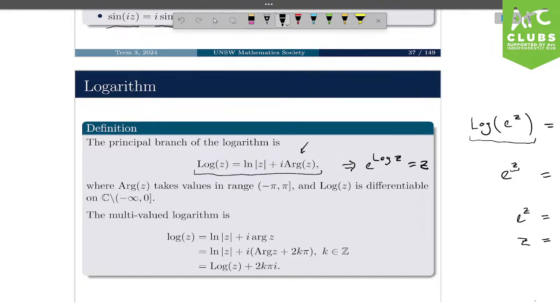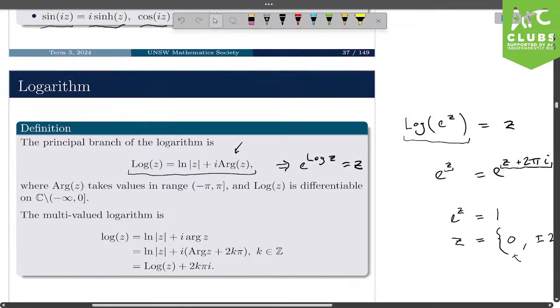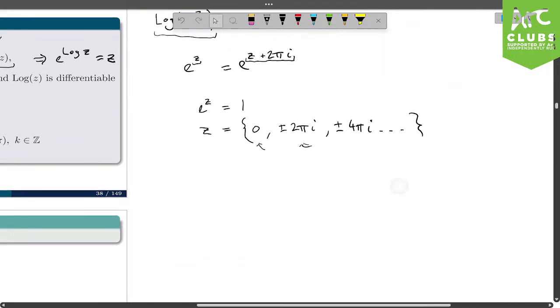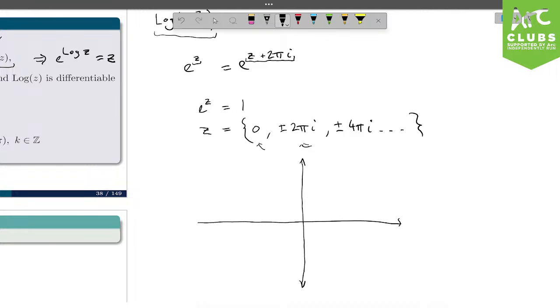The issue with this definition, though, is that because of this arg function, we actually introduce a discontinuity into our function. Our log function is going to be discontinuous. I'll show you what I mean. If this is our complex plane, our input plane, and we'll have our definition for log z up here.